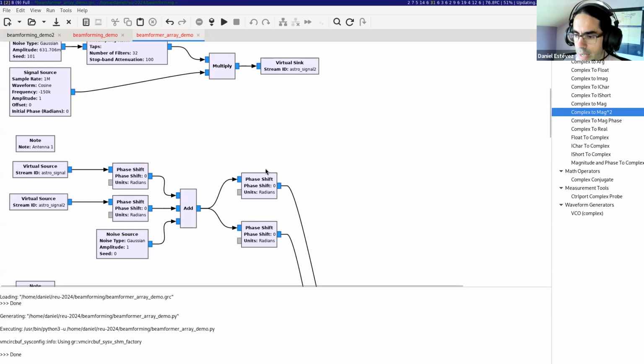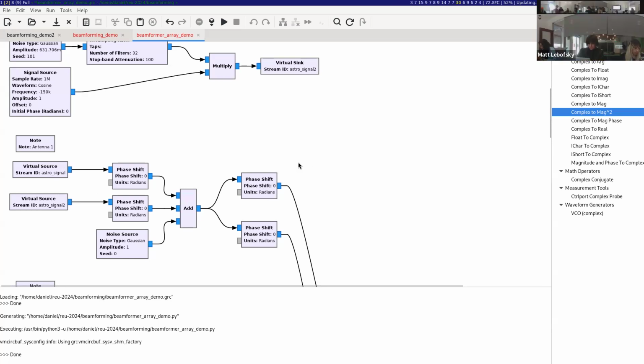And then we have the beamformer. Here we are going to have two beamformers, since we want to be able to point each of them independently. For example, we might point one of the beamformers to the astronomical signal 1 and the other one to the astronomical signal 2.